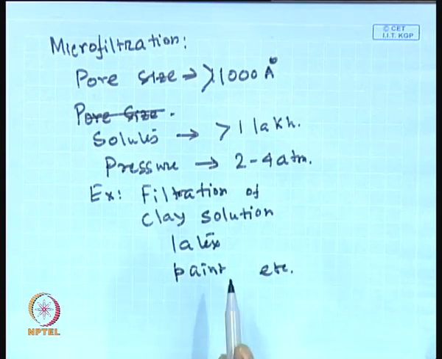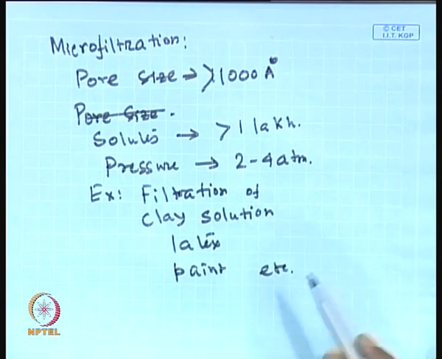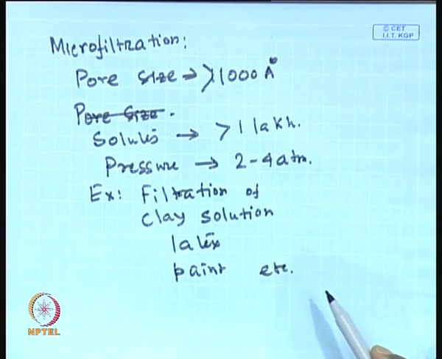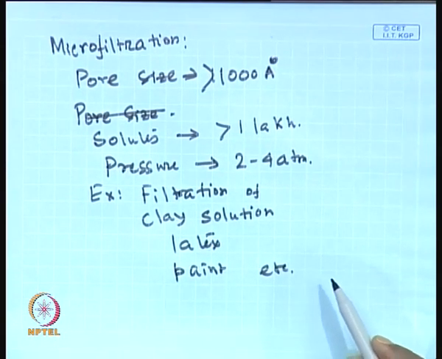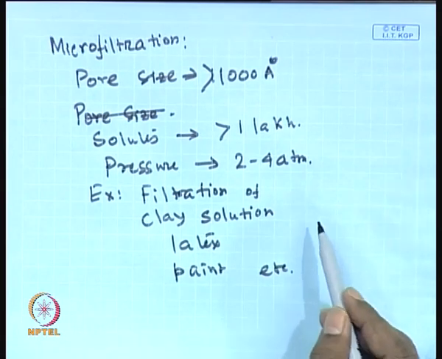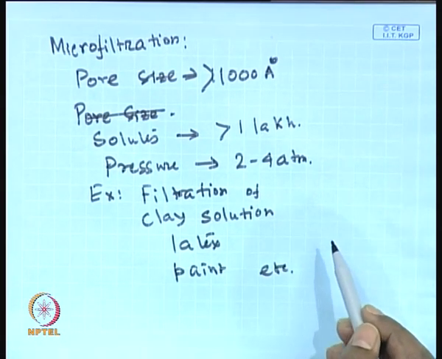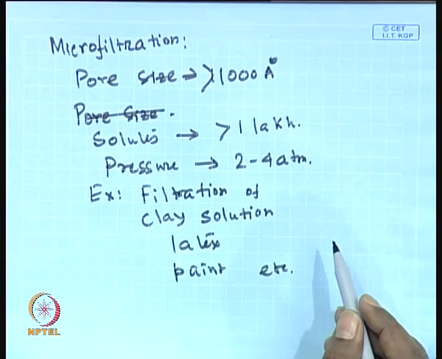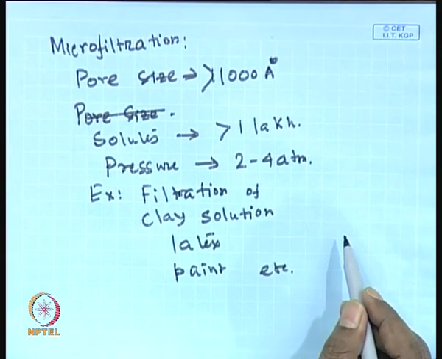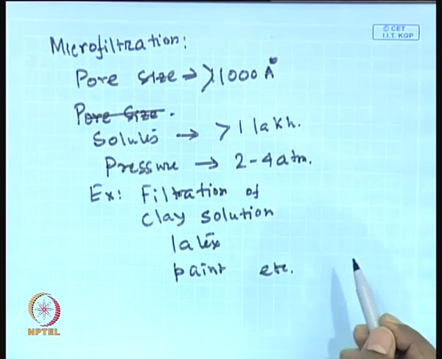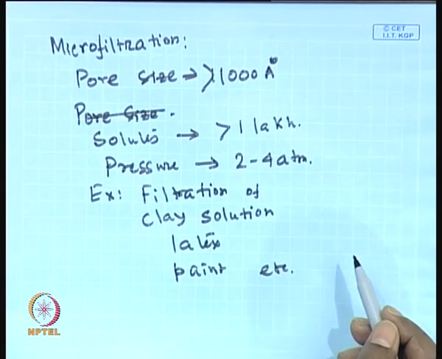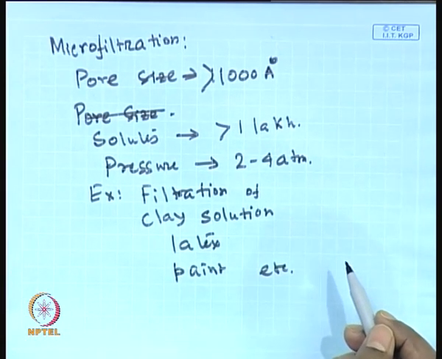So, if you observe, when the pore size of the membrane becomes higher, the pressure requirement is going to be lower and lower. You do not require very high pressure to effect the separation. This is simply because if you are talking about a low pore size membrane, then the osmotic pressure becomes pretty important and becomes very high. So, we have to overcome that, and then the pressure requirement becomes very high in those cases.